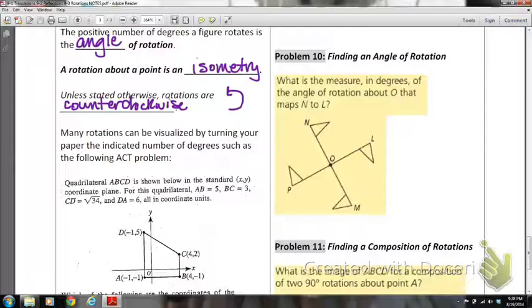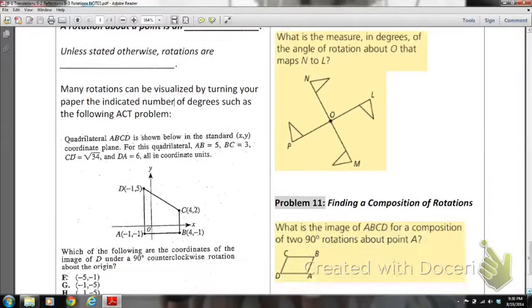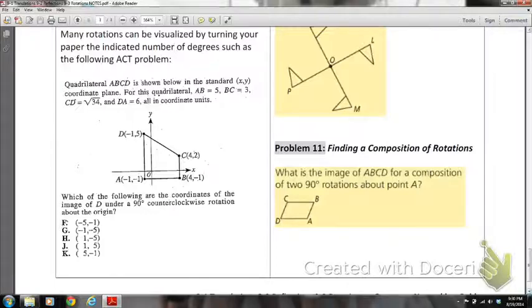If you'll look at the ACT problem below, many rotations can be visualized simply by turning your paper. And that's an important thing to note, especially on tests like the ACT.